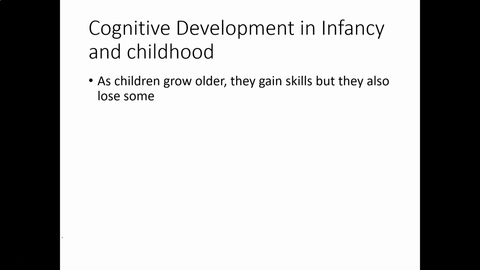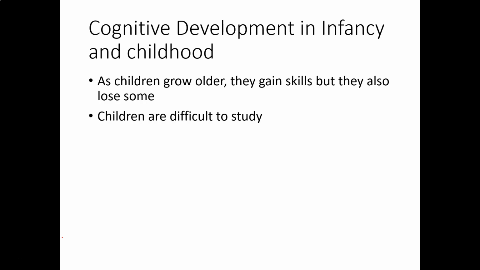And as children get older, it's important to keep in mind that they're gaining a lot of skills, but they're also losing some skills. So as a college student or as an adult, you probably have a lot more skills than a child. And yet, things like imaginative play is something that children have, but we as adults or young adults may no longer have.